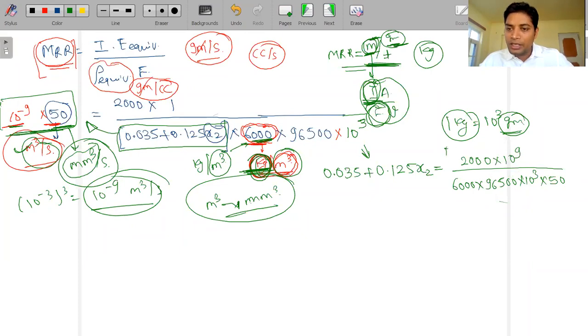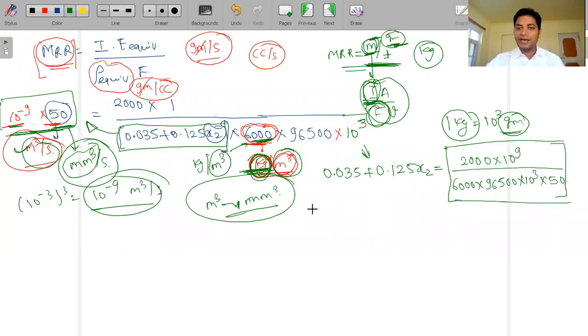So guys, can you tell me the value of the right hand side, what are you getting? Please calculate this value. I am writing the left hand side, that is 0.035 plus 0.125 into x2. सर ये आएगा शायद 1 divided by 14.475.